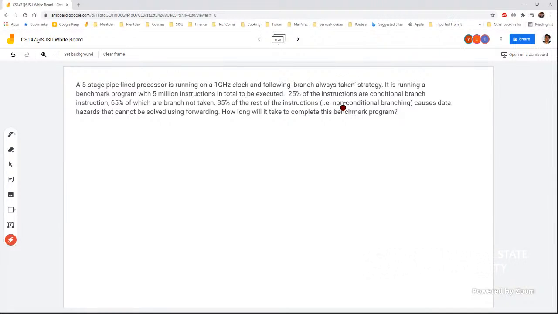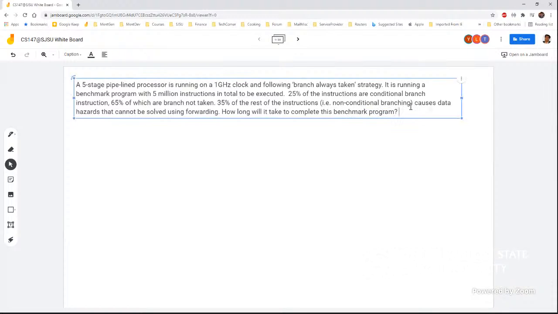Out of that 75% of instructions, 35% cause data hazards. And out of this 25% branch instructions, 65% of branches are not taken. So in that condition, how long will it take to complete this benchmark program?